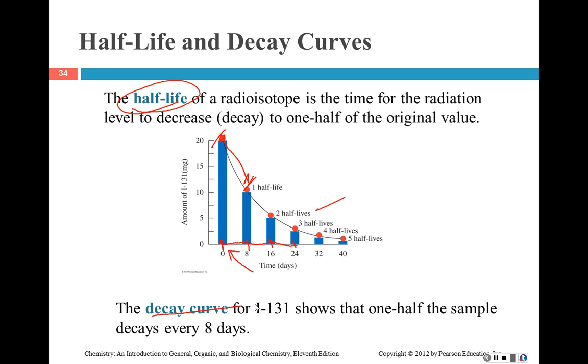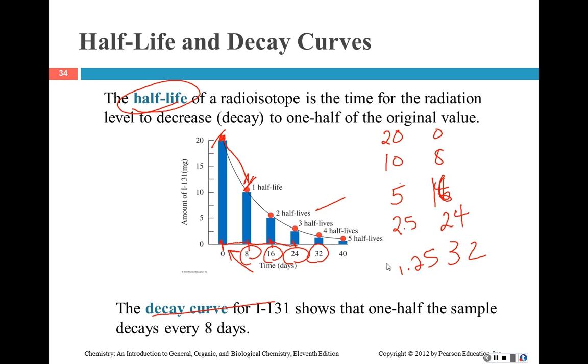The decay curve for this, which is I-131, shows that it has an 8-day half-life, okay? Because if you started out with 20 milligrams at time 0, then you'd have 10 after 8 days, then 5 after 16 days, and then 2.5 after 24 days, and then 1.25 after 32 days, and each time you would get half.